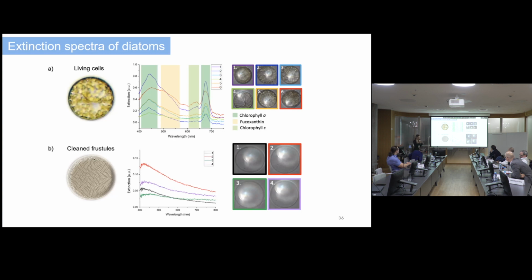So maybe in the first case the absorption part would be bigger, while in the second case the scattering, based on the influence of organic materials and pigments inside the diatoms and the silica structure.